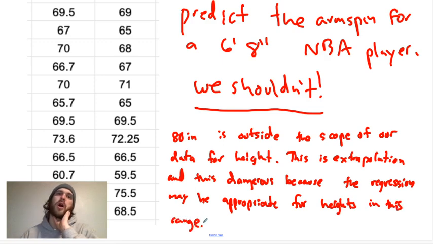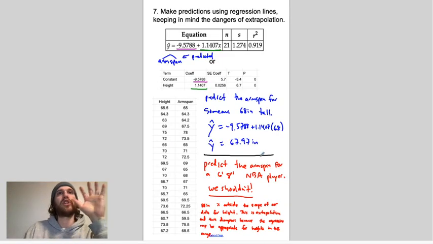We don't know what the model is going to behave like when people are 80 inches tall. Maybe a linear model isn't the best model, and there's something else that we should be using. So it's extrapolating when you're trying to take a guess outside the range of your data, and that's the big picture that you need. So we shouldn't be making guesses outside of the data that we collected.